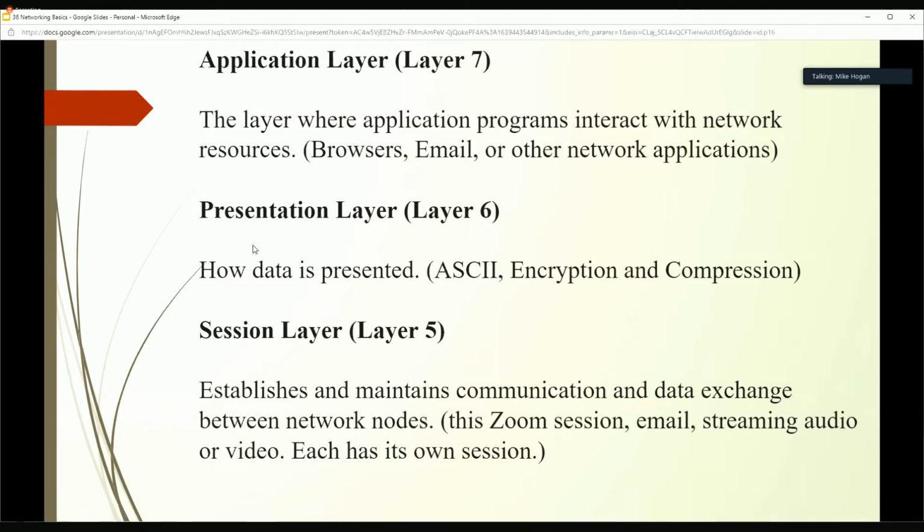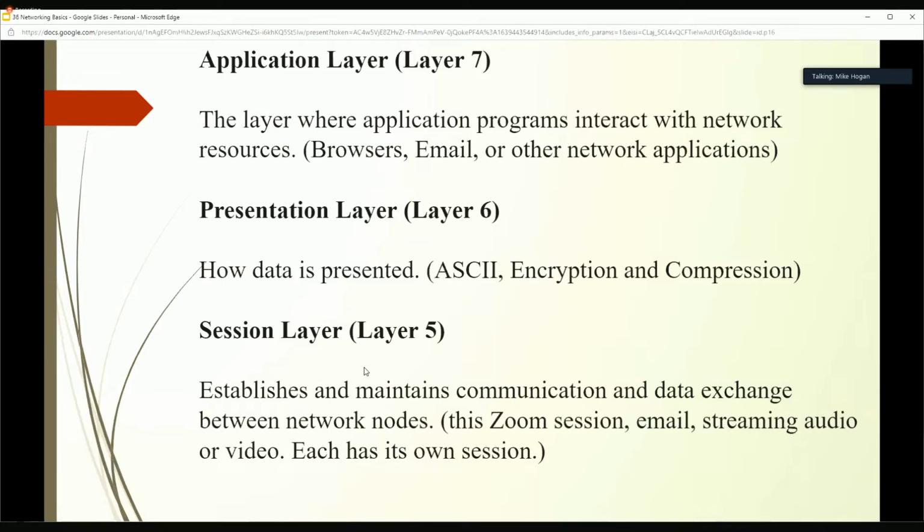Presentation layer, layer 6. It's how the data is presented. We have ASCII, and encryption and compression are also at this layer. So how is the data that was generated at the application layer going to be presented moving forward?